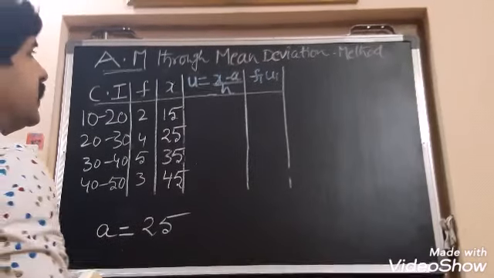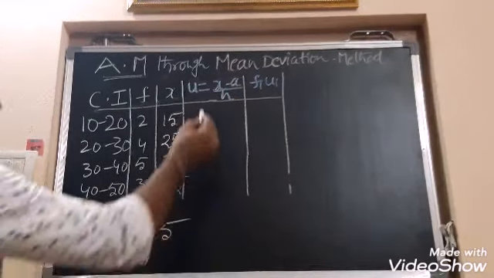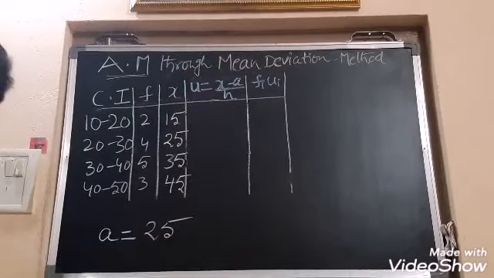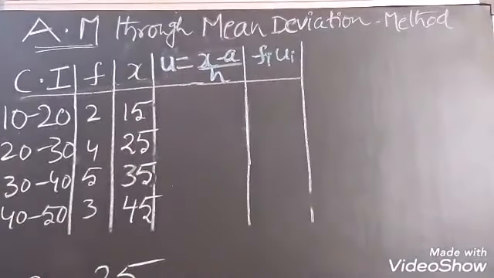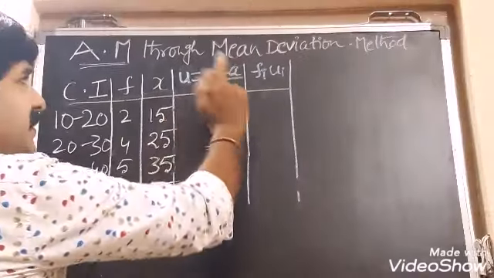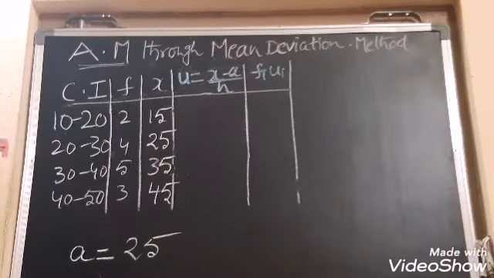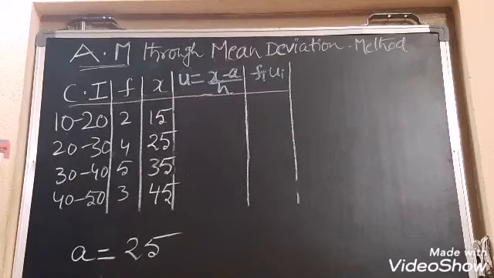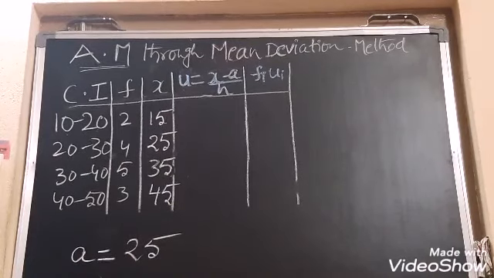Now here we are introducing another term, u. What is the value of u? u is nothing but x minus a divided by h. In the past problem, it was x minus a, the deviation.